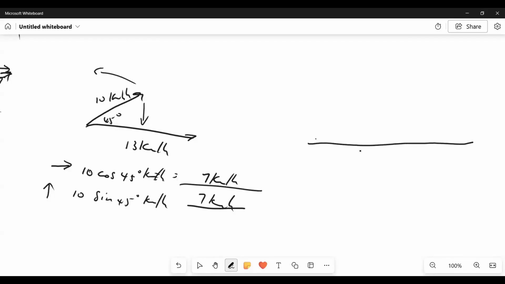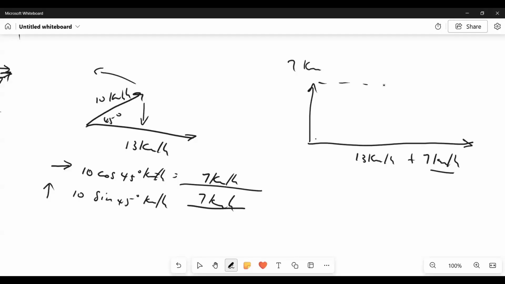So going this way, we already had 13 km per hour. And now we have to add the horizontal, which is 7 km per hour. And vertically this way, we have 7 km per hour now, right? So we replace this 10 km per hour with this 7 going this way and this 7 going that way.